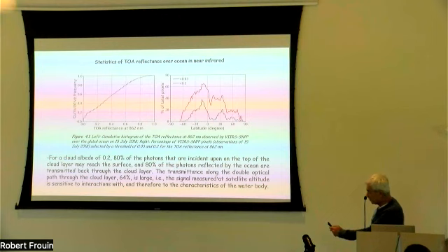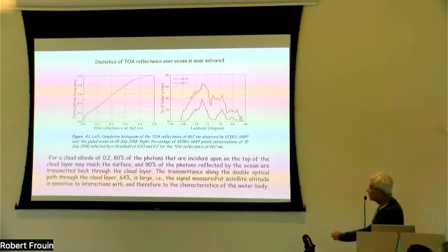Let's note that for a cloud of albedo 0.2, you have 80% of the photons that are incident at the TOA, or at the top of the cloud layer, that may reach the surface. So the transmittance is basically 80%, 0.8. And then on the way back, 80% of the photons reflected by the ocean are transmitted back through the layer. So that means the transmittance along the double optical path through the cloud layer is 64%.